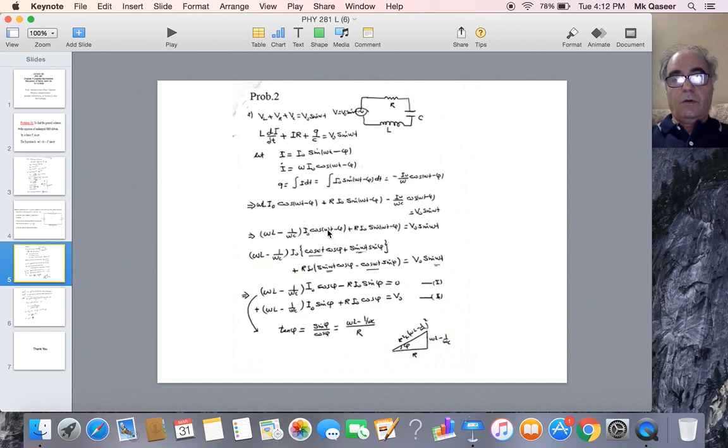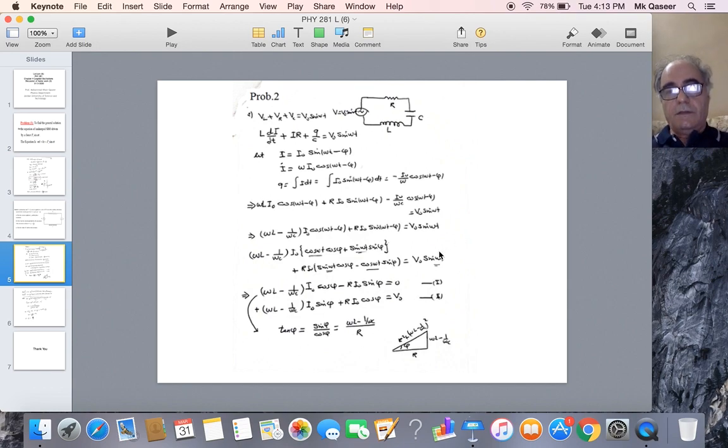Now write cosine omega t minus phi as cosine cosine plus sine sine, and sine omega t minus phi as sine cosine minus cosine sine. We get this equation. Now the coefficient of cosine omega t gives this equation, and the coefficient of sine omega t gives the second equation.